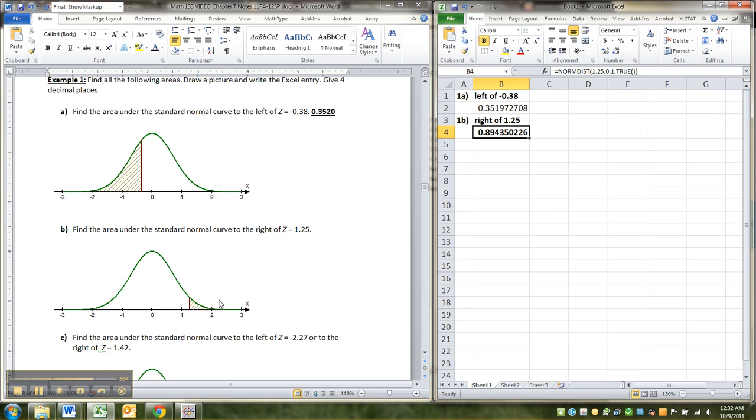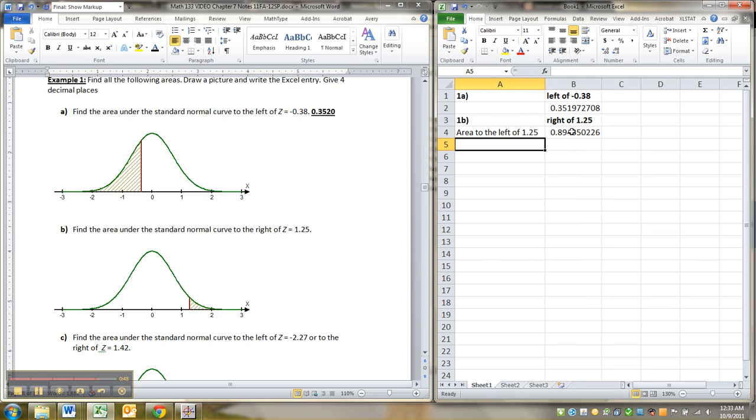Okay, well, let's look at this for a second. There's no way that this area shaded is 0.89. I mean, the whole curve is 1, for the love of goodness. So what have I really found here? What I did was I found the area to the left of 1.25. That's what Excel finds, right? All this white area right here, that's 89%.